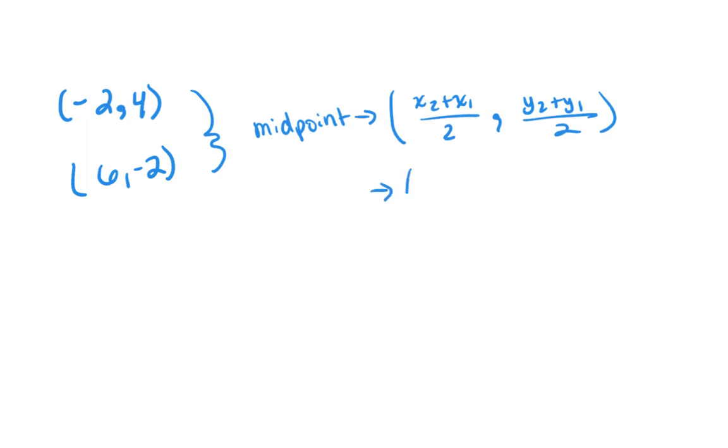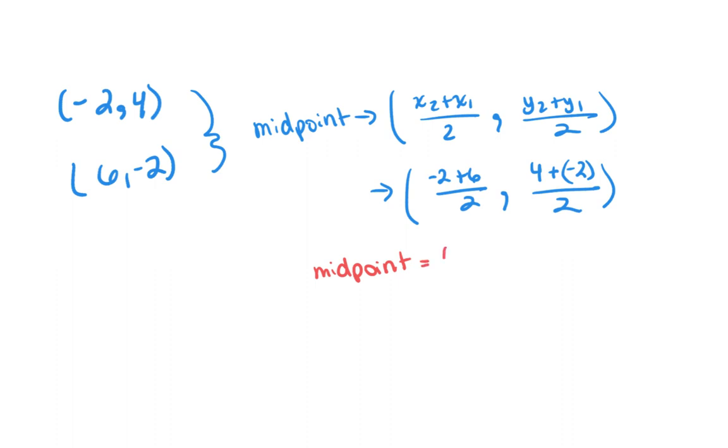So something like -2 plus 6 over 2, and 4 plus -2 over 2. So our midpoint is equal to 4 over 2, which is 2, and 2 over 2, which is 1.